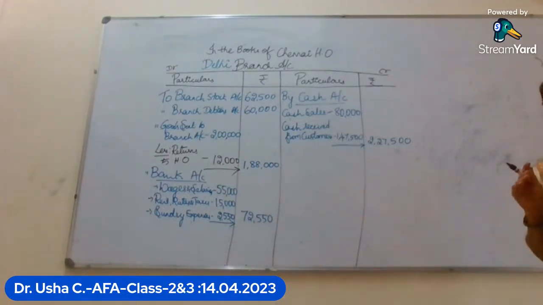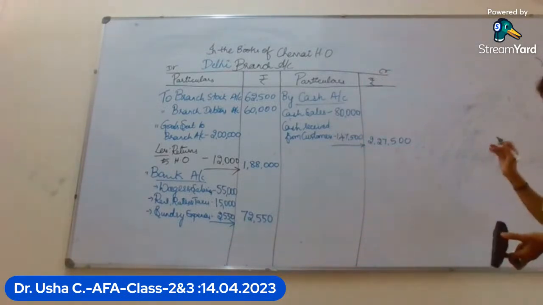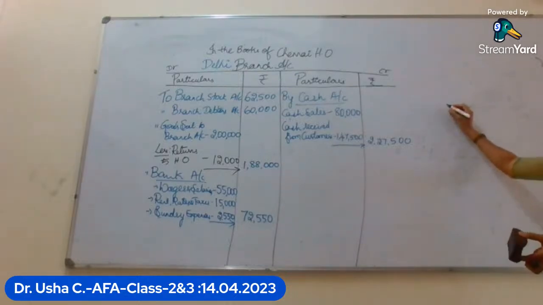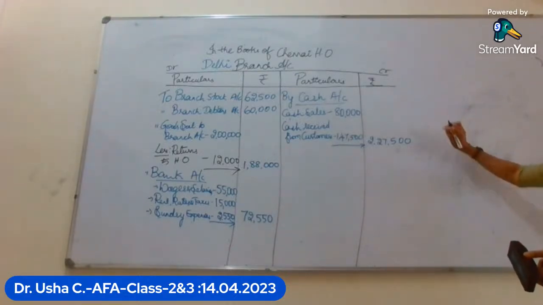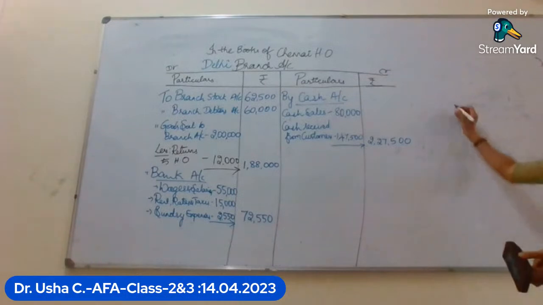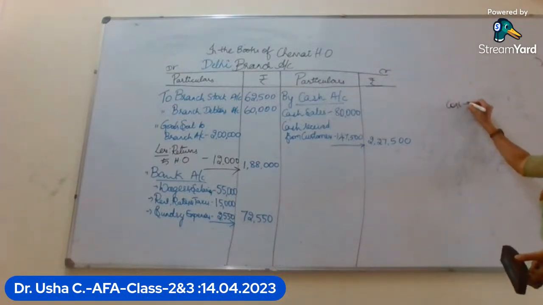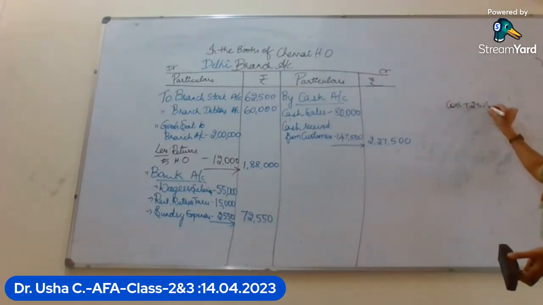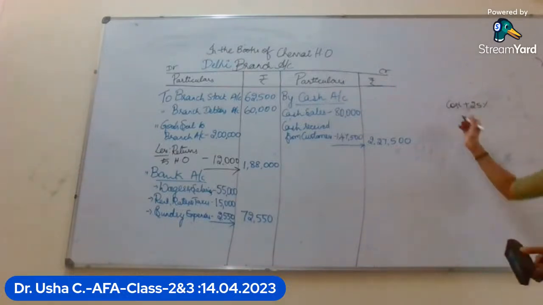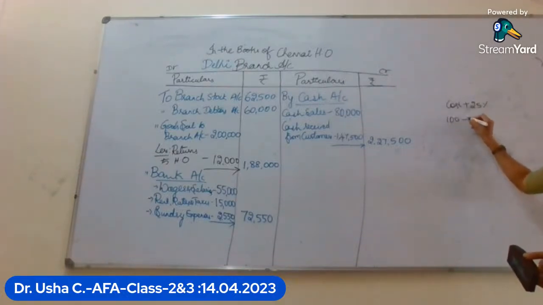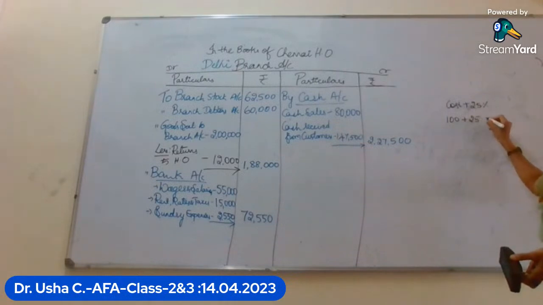Whatever the goods sent by the head office, listen carefully, stop writing if you are writing and listen carefully. Suppose the goods are sent by the head office to the branch at cost plus 25%. What does it mean? Cost is 100 plus 25 rupees of profit.